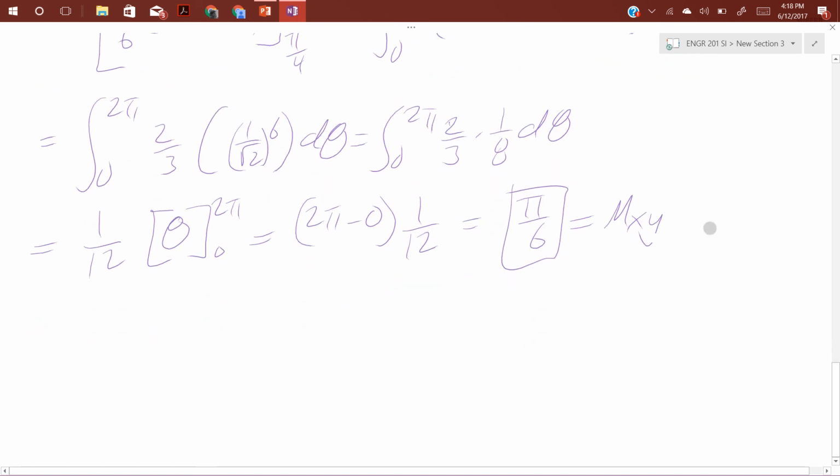So in order to find z bar, this is the easy part, you take mxy and divide it by m. So we have pi over 6 over pi over 3. Cancel out the pi's, so you have 1/6 over 1/3, and that equals 1/2.